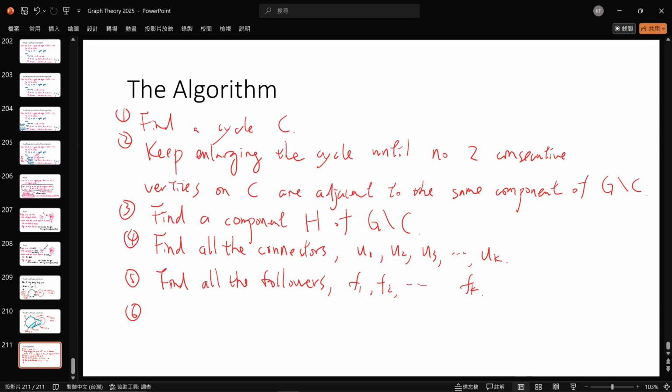Okay, step 6. If 2 followers are adjacent, then we can find a larger cycle.